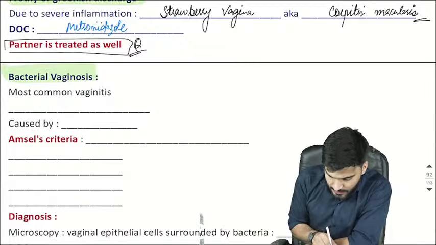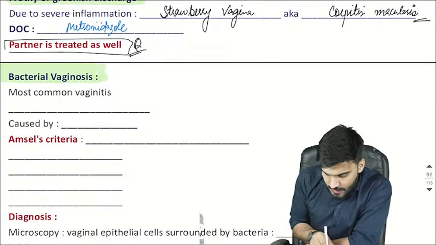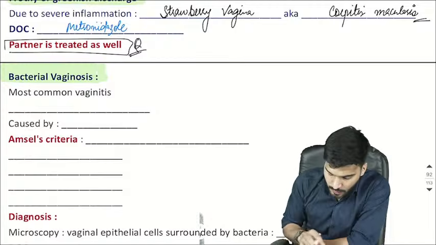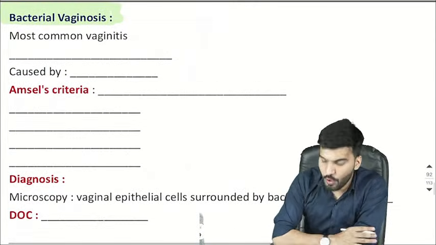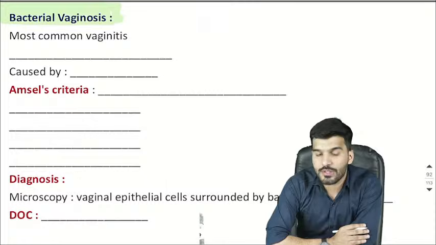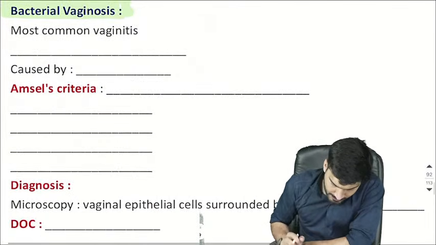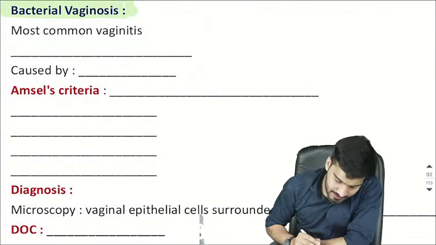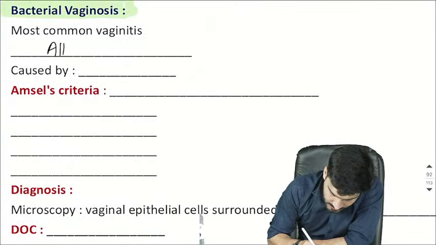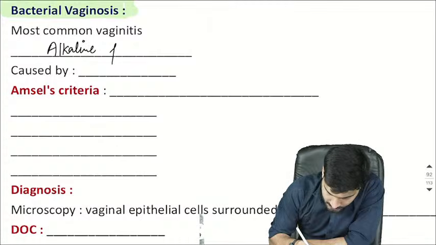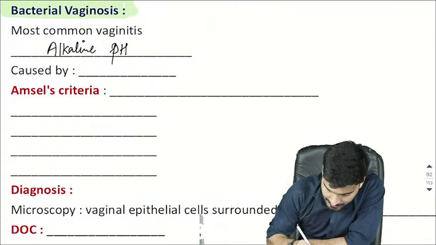Now about bacterial vaginosis: first of all, it's the most common type of vaginitis. It's caused by Gardnerella, and the pH is alkaline.